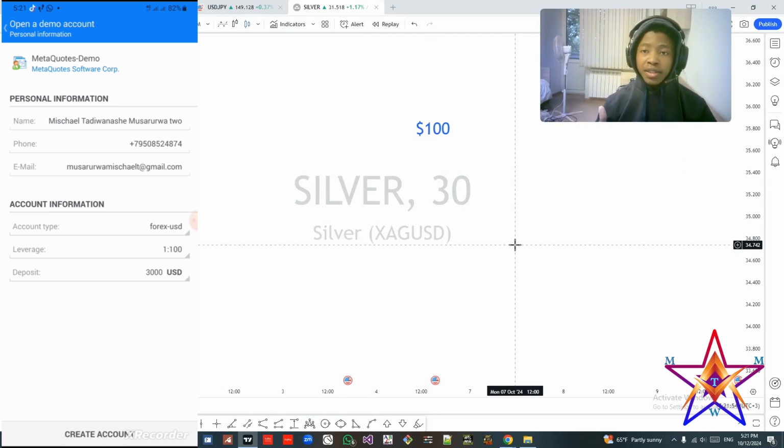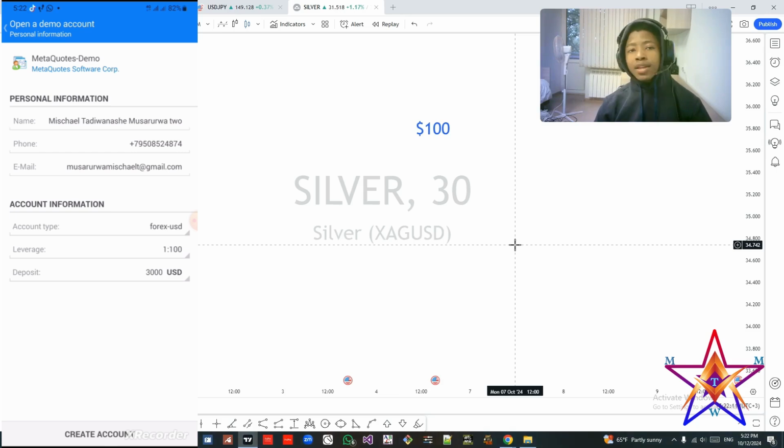That's leverage, right? They will make you hold money which is not yours, so that you can buy something that you want whilst you don't have the amount that can afford it. That is the same as forex.